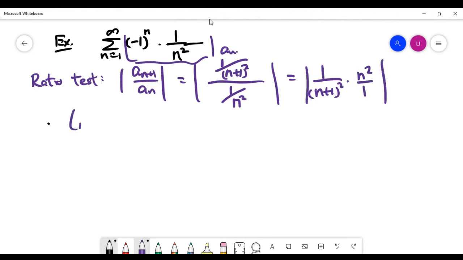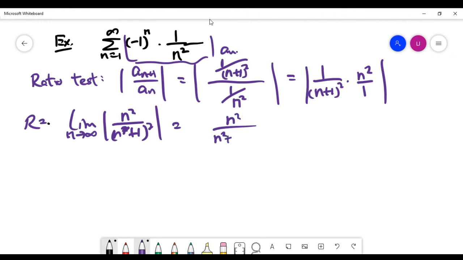Now let's do the limit as n goes to infinity for the fraction inside the absolute value sign. When you do this, you're having n squared divided by n squared plus 2n plus 1 in the bottom, and you're taking the limit as n goes to infinity.